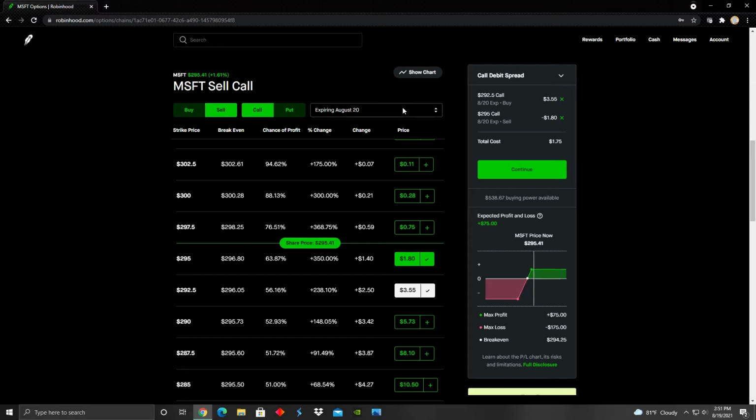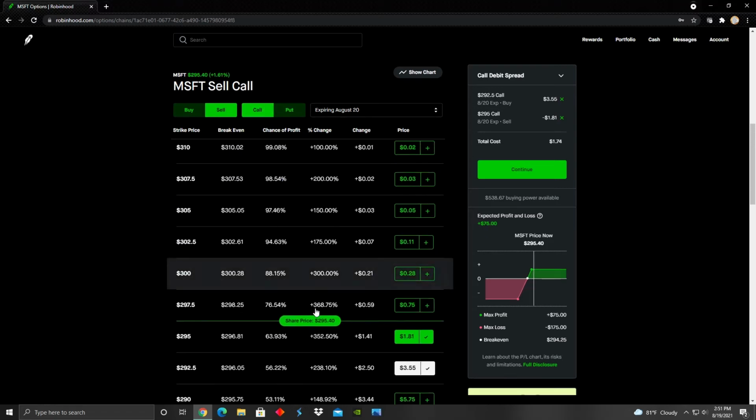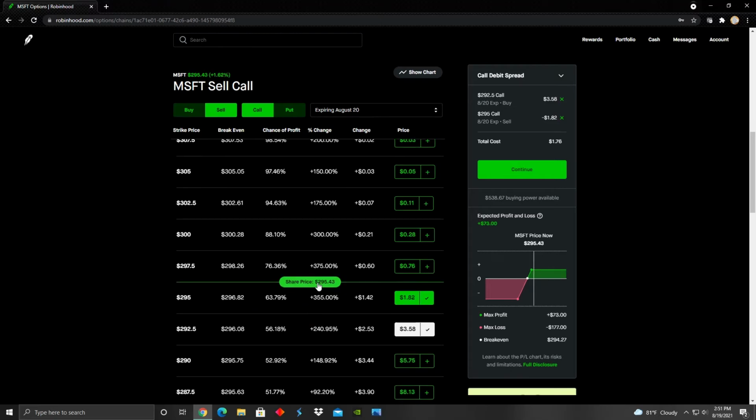And since this options contract is expiring tomorrow, basically how call debit spreads work is as long as the share price of whatever stock or ETF that you're trading is higher than the strike price for the call option that you sold on expiration, you will receive the maximum profit.